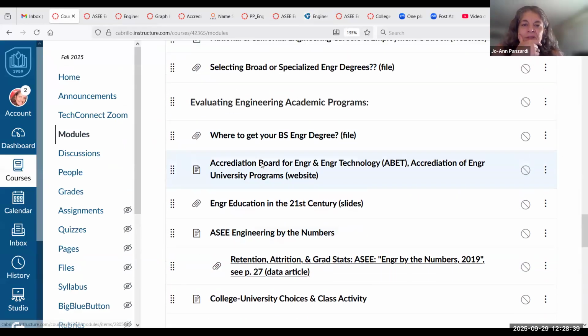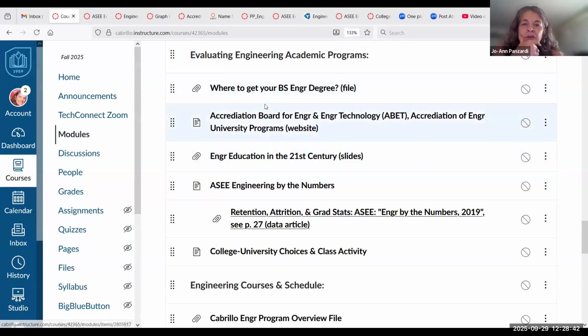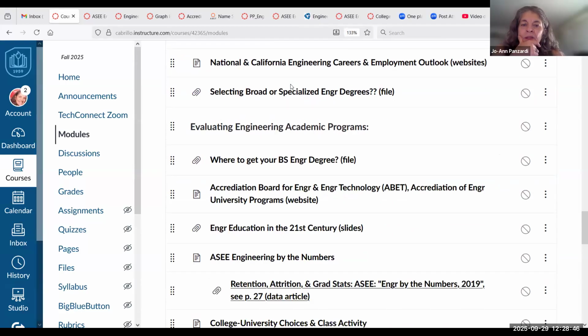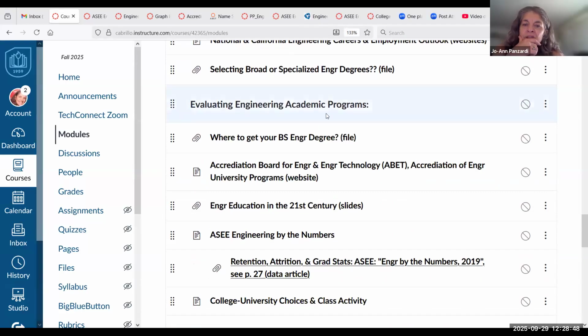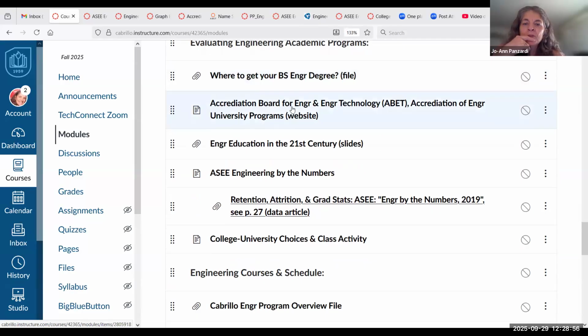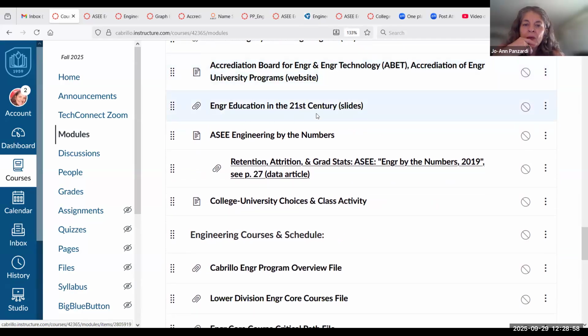So let's take a look again. Under the module for engineering education, the second part was evaluating engineering academic programs. And we looked at the slide that showed the table. It doesn't really matter where you go. We looked at which programs are accredited. We looked at that PowerPoint that showed characteristics of engineering education in the 21st century at universities.